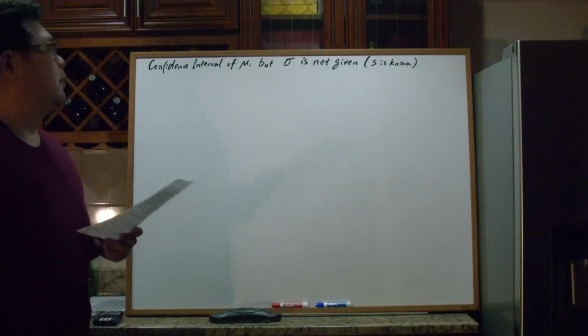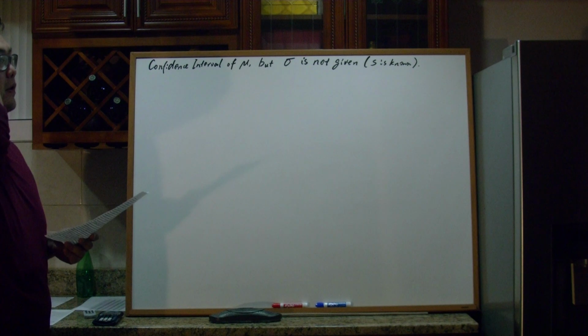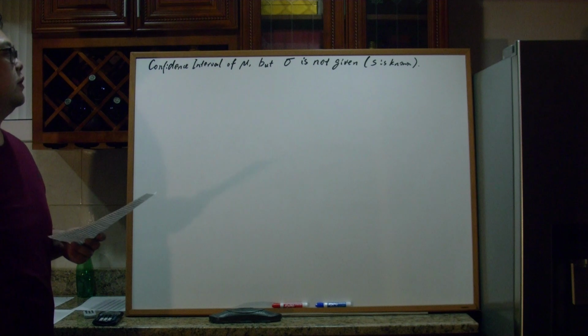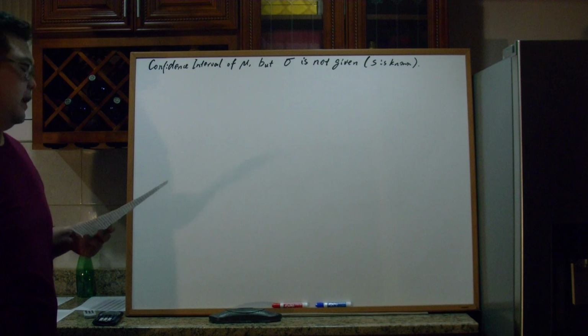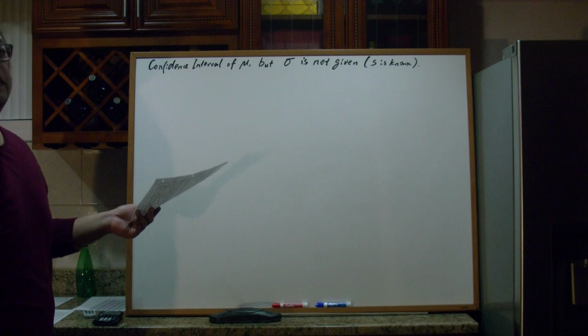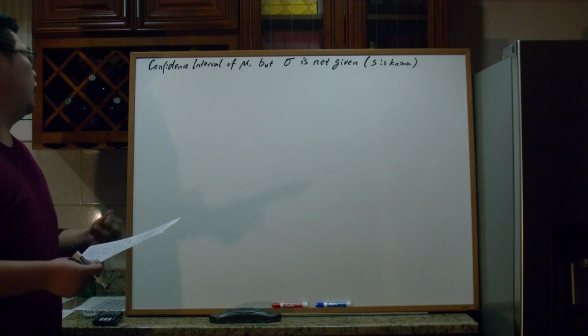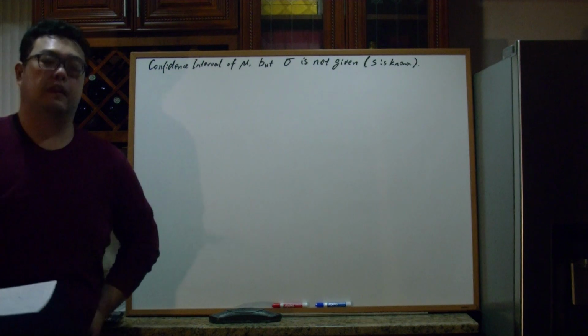But the population standard deviation is not given, even though we know the shape, that the population is normally distributed. But the good thing is the sample standard deviation is known. So when we get a simple random sample, we can get the sample mean, right?